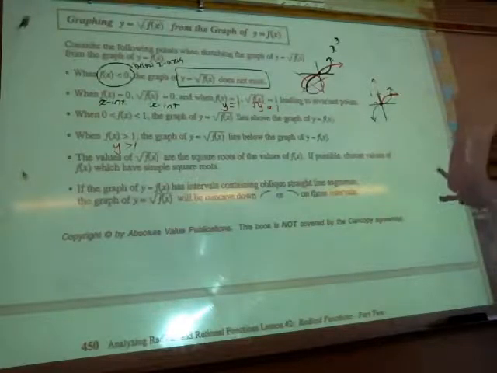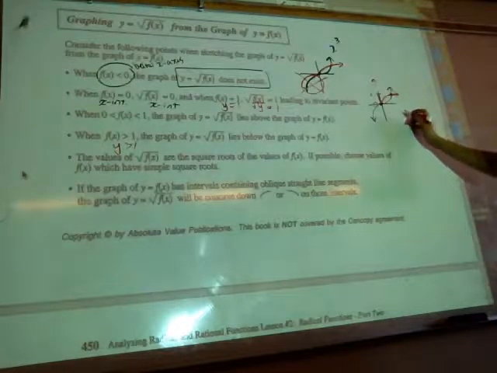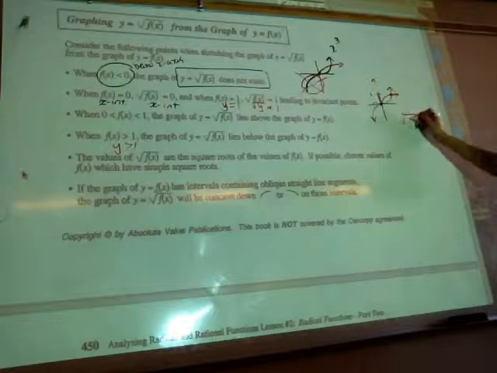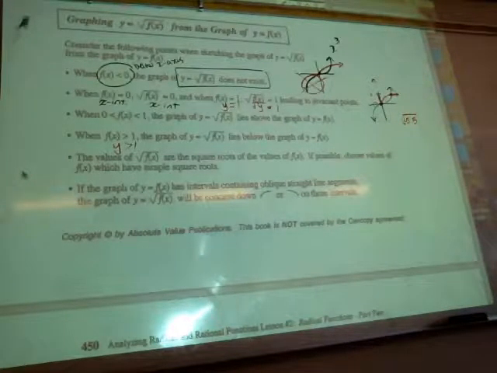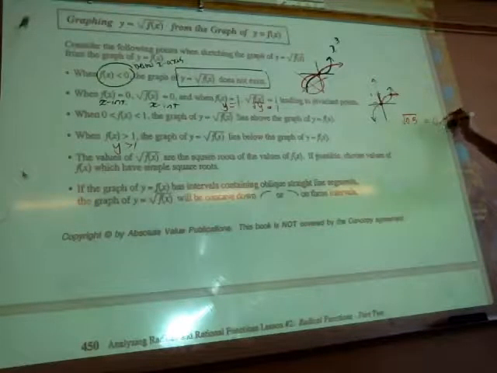So you're probably wondering, well, why is that? If you were to take the square root of, say, 0.5, what do you get? Calculate. 0.707. It equals 0.707.